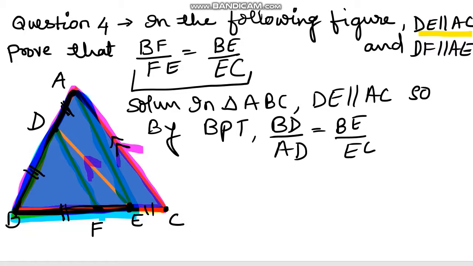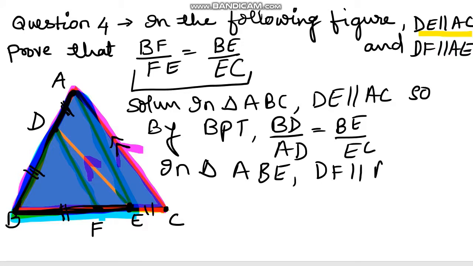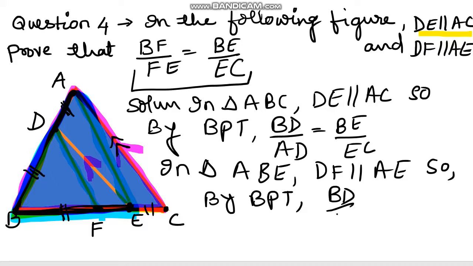In triangle ABE, DF parallel AE. This is given. So by BPT, we have BD by AD equal to BF by FE.